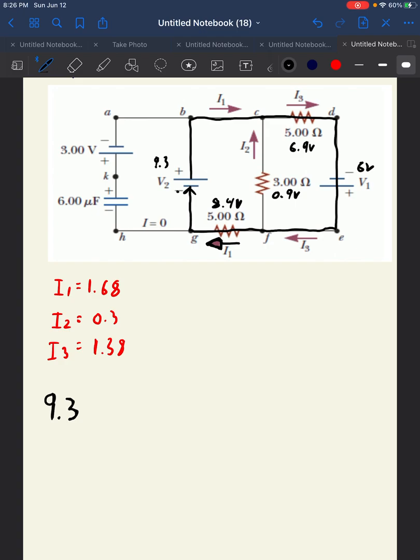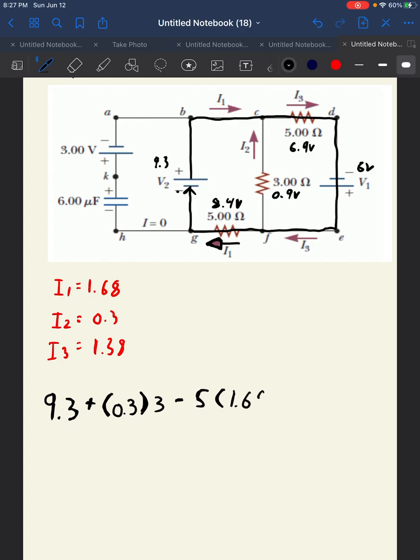9.3 plus I2, and we know what I2 is now, 0.3 times 3, and then we can subtract that from 5 times I1, which is 1.6.